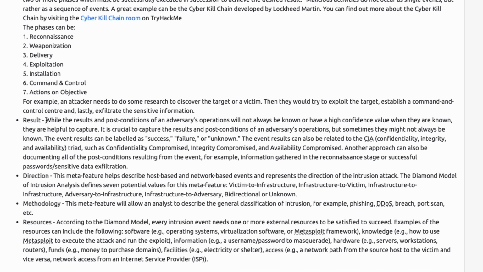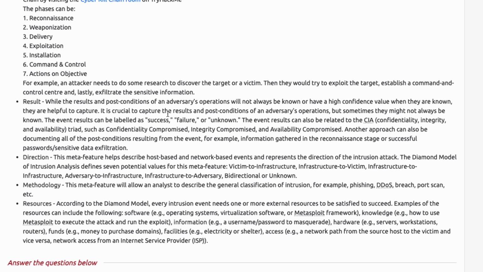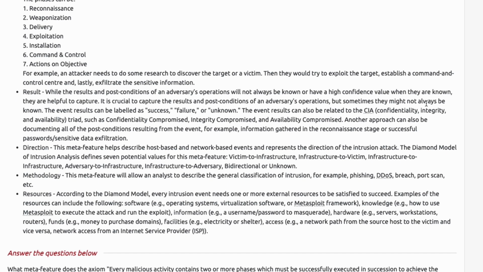Then you have the result. While the results and post conditions of an adversary's operations will not always be known or have a high confidence value, when they are known, they are helpful to capture. It is crucial to capture the results and post conditions of an adversary's operations, but sometimes they might not always be known. The event results can be labeled as success, failure, or unknown.